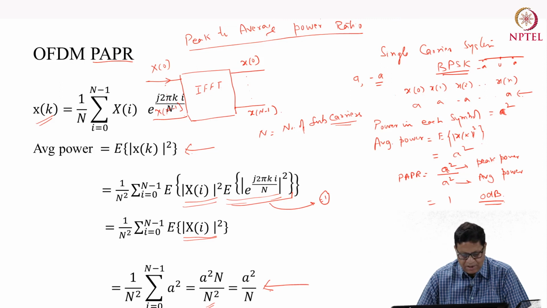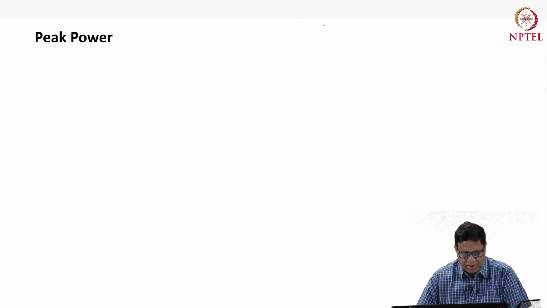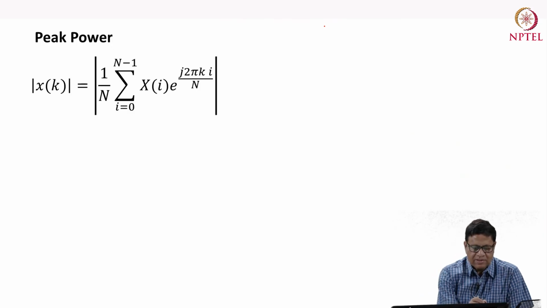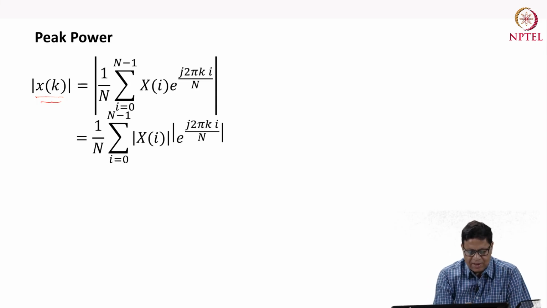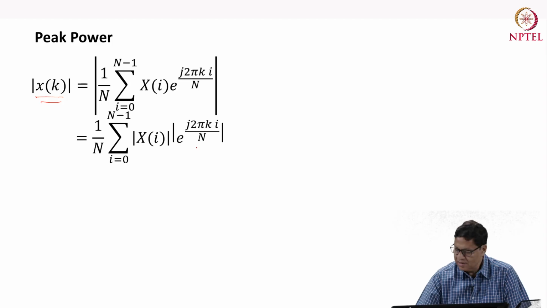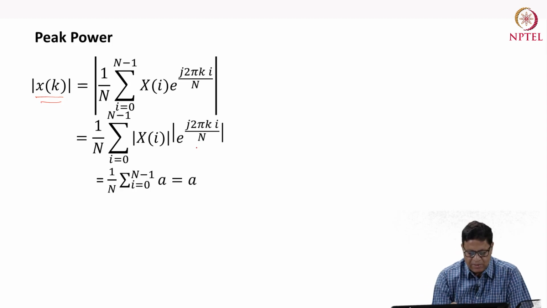Now let us try to calculate the peak power. The peak power is given by the mod value of xk, that is a sample given by this equation, and so this 1 by n can be taken out. Then we have xi into e raised to j 2 pi ki by n, and this is 1.